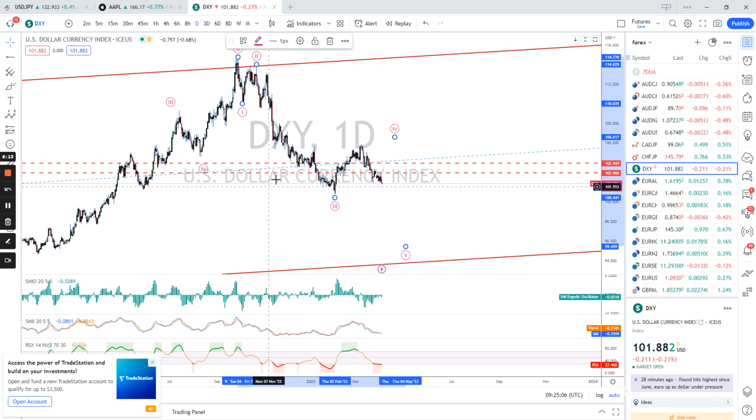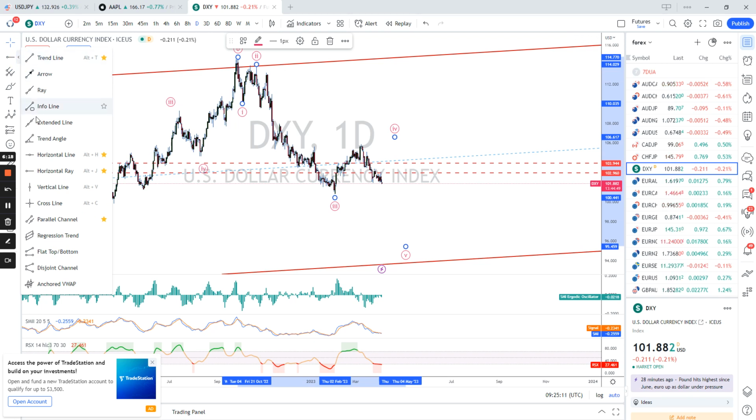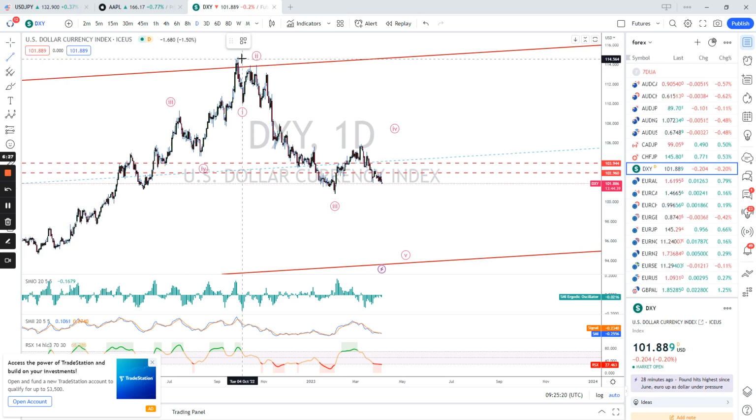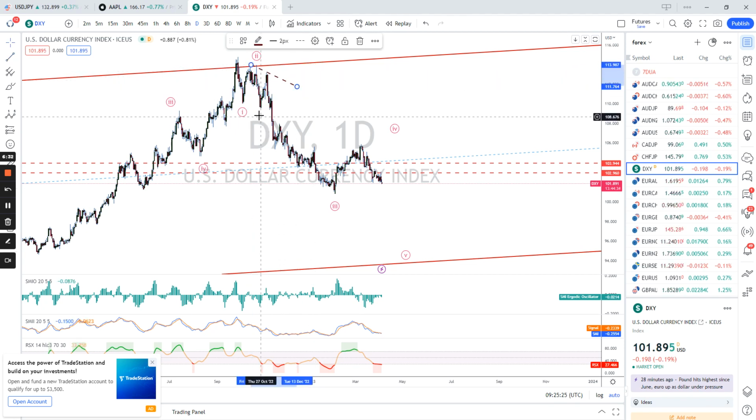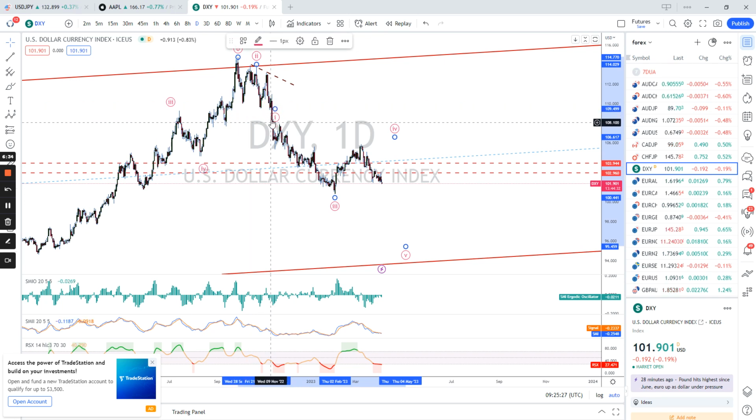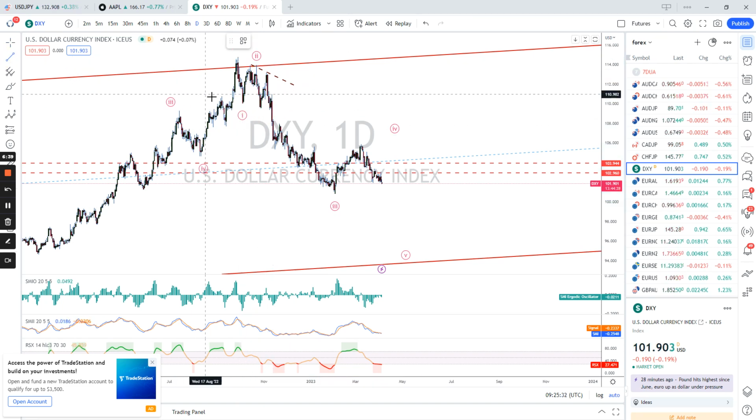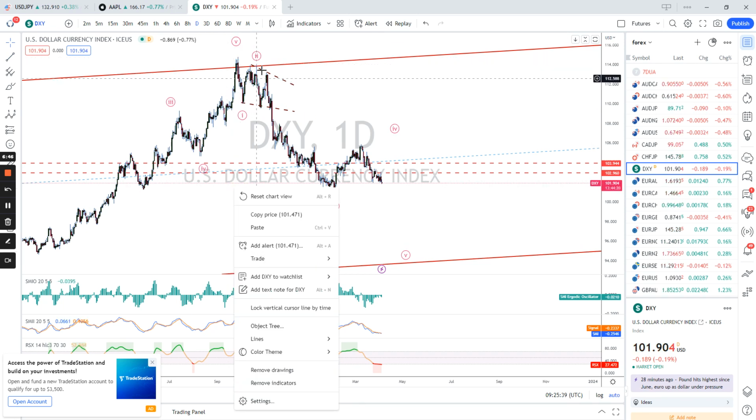So let us now do the actual counts. We got the consolidation in the second wave, which can be clearly identified from this point of view. It's not always that clear, but when we get a setup like this one, it's obvious that we have a consolidation for a further downside continuation.